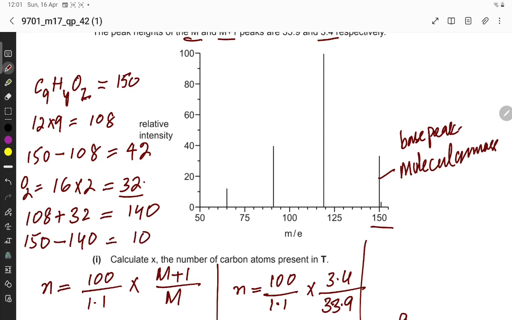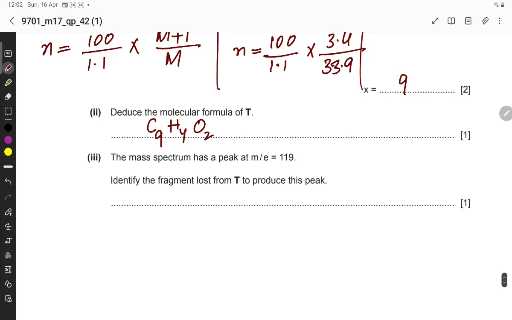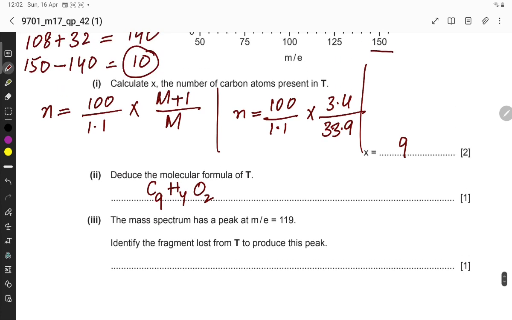First predict the number of oxygen atoms, then you can predict the hydrogen atoms of this compound. So the number of oxygen atoms is 2 and what is left behind is 10, so 10 will be the hydrogen atoms. The formula is C9H10O2.